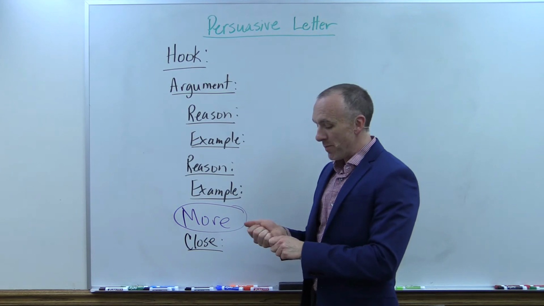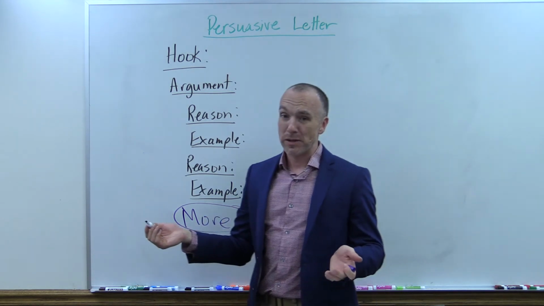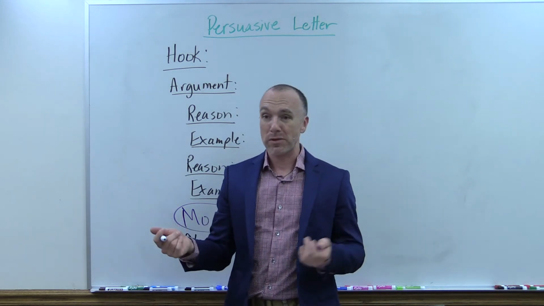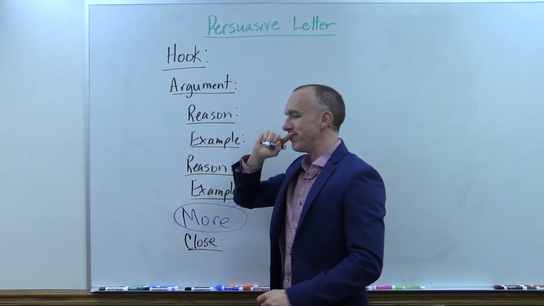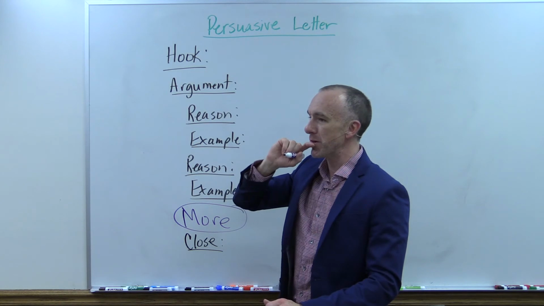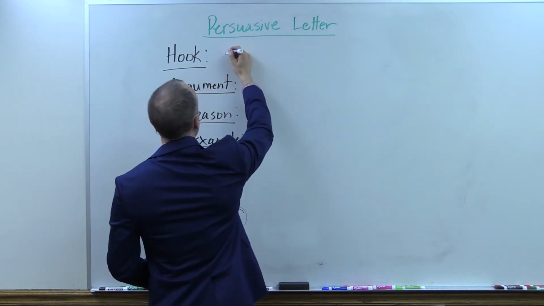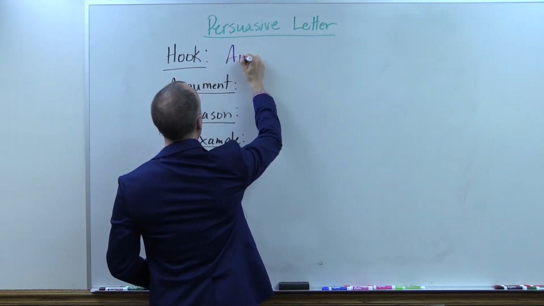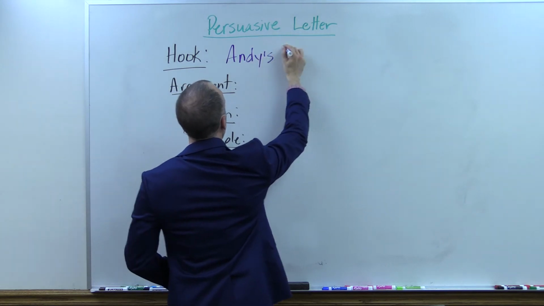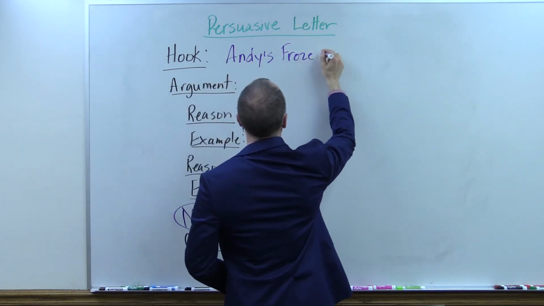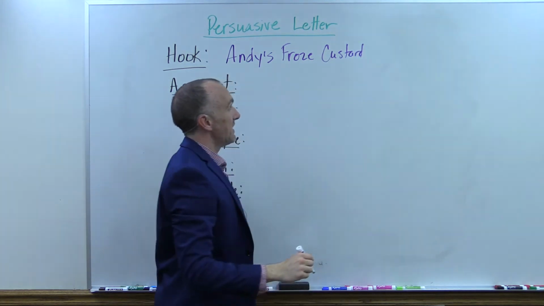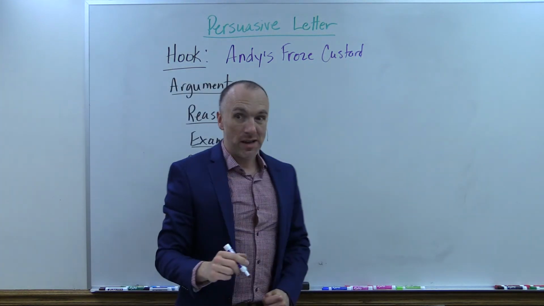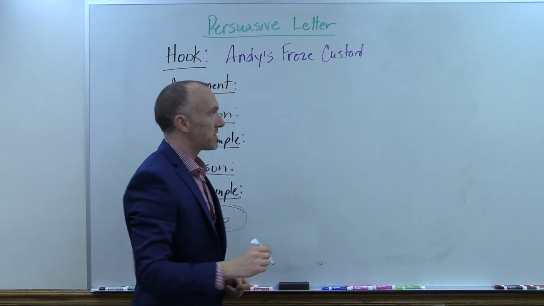Hook. So I can't talk about responsibility because my kids already think I'm responsible, but that might be a good one for you. So how could I hook my kids? How would I hook my own children? I'm going to write the word Andy's frozen custard, because that is the way I'm going to get my kids to listen to me in this letter.